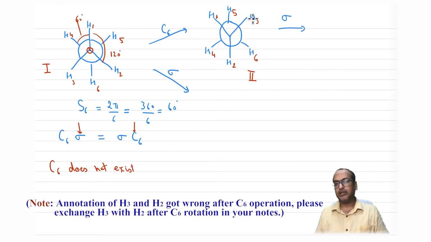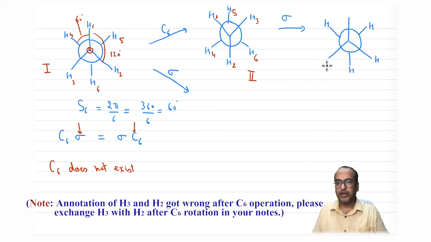So that means whatever is in the forward will go in the backward, and whatever is in the backward will come forward, right? So that means this H1, H2, H3 will go to the back upon this reflection, and H4, 5, 6 will come forward. So draw it like this. Okay, let's write the hydrogen first and then we will write the numbers in red.